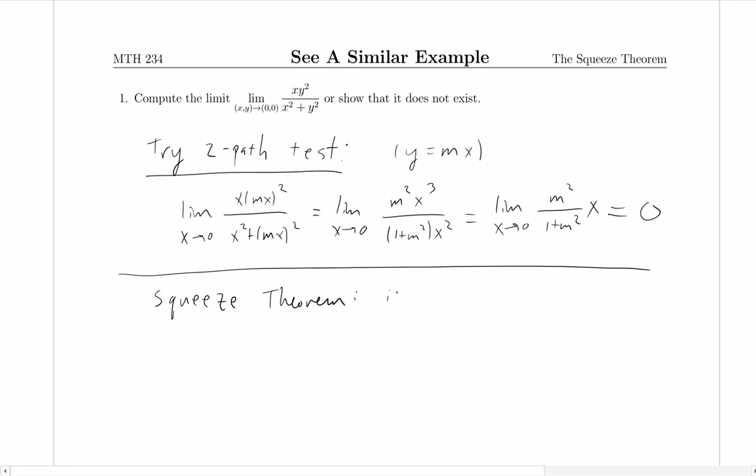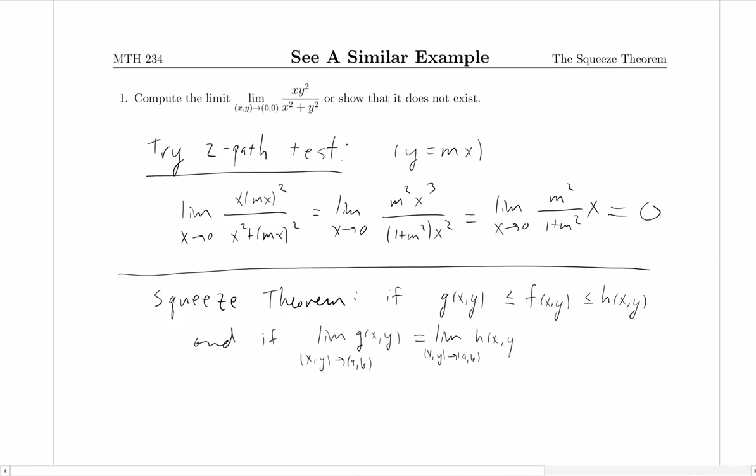The squeeze theorem says that if you have two functions, g and h, where one is always smaller than the function f, and one is always bigger than the function f, and if the limit of g is the same as the limit of h as xy approaches something, in general I'll call it ab, then f has the same limit.